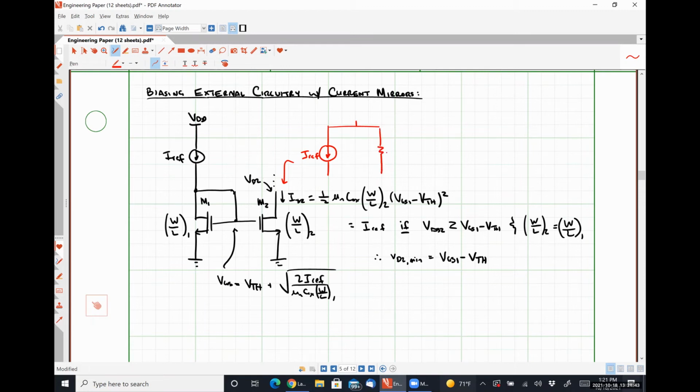And the small signal resistance. Right? So it sees a practical current source, right? We have some reference current in parallel with some small signal resistance. So this current mirror is behaving as a current source for the remainder of the circuit.